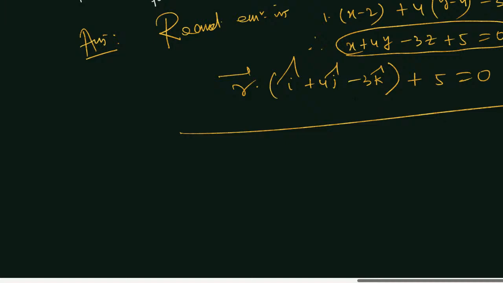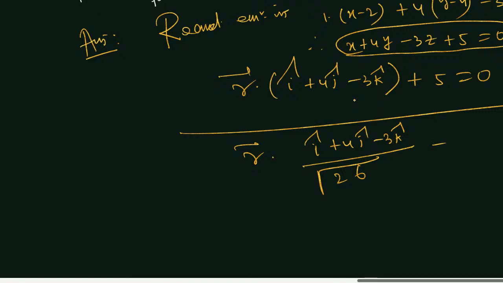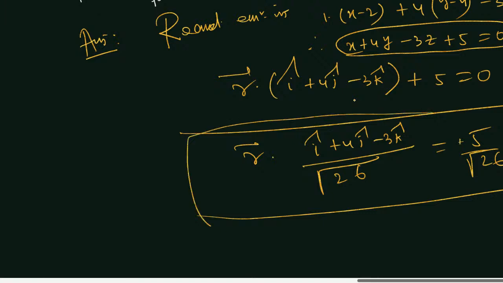If you want to express this one in normal form, it will be r dot 17, 9, 26. If you never express in minus, put this.